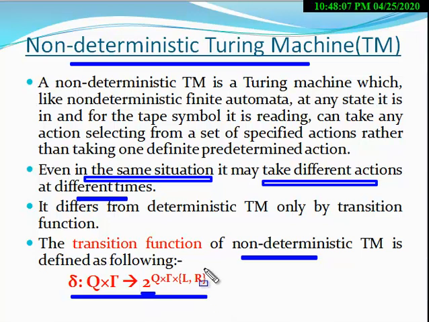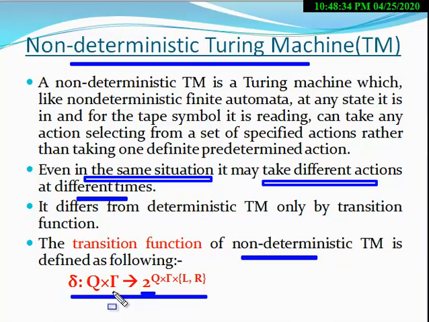That is, in other words, we can say that this is the power set of Q cross Tau cross {L, R}. That is, in this case, when the input is any state and some tape symbol occurs, then the machine goes to different combinations. The machine goes to more than one combination, right?